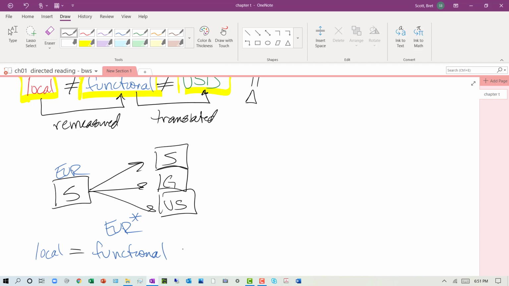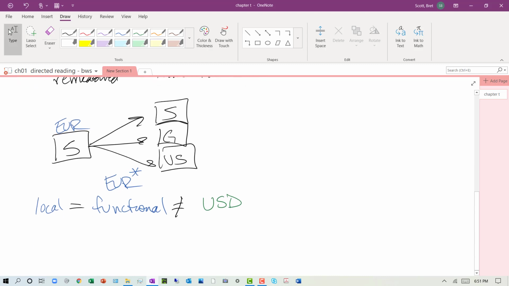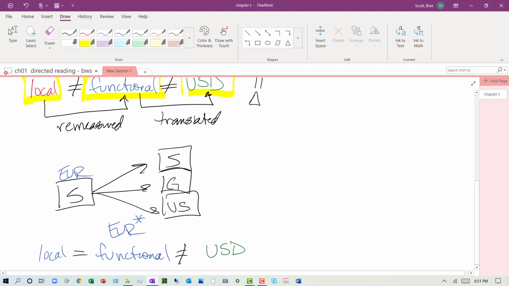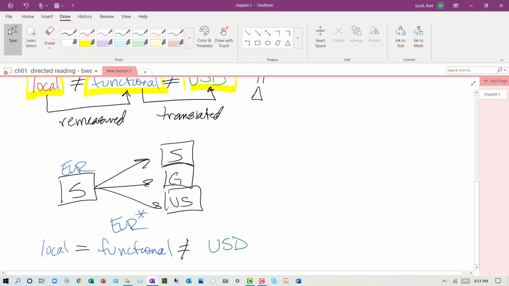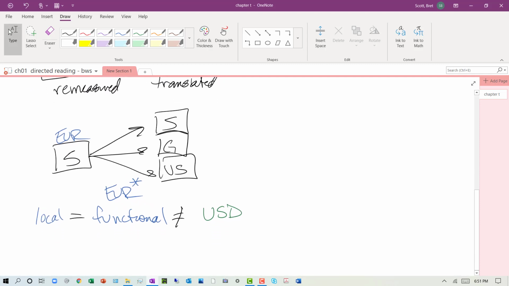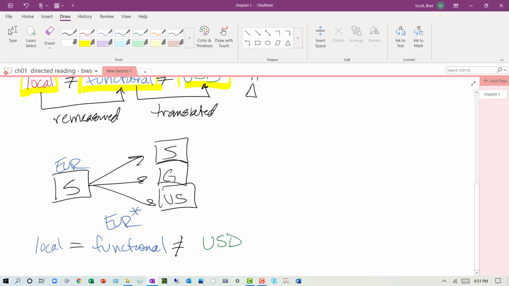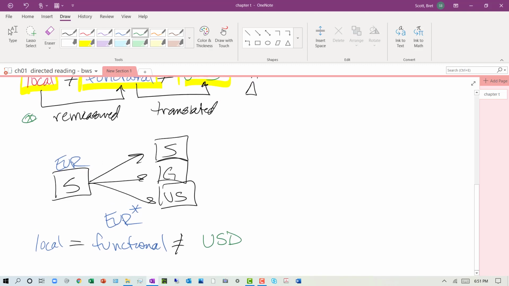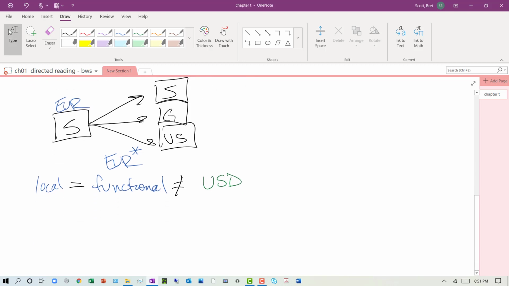However, we notice in this example that clearly the euro, the functional currency, and the local currency does not equal US dollars. So we still have to do some sort of conversion here. Given that the local currency and the functional currency are the same in this case, what step do we really need to do? Well, you can kind of see it from up above. There's no remeasurement. All we need to do is primarily just translate.